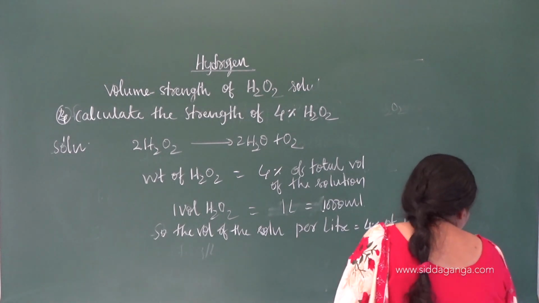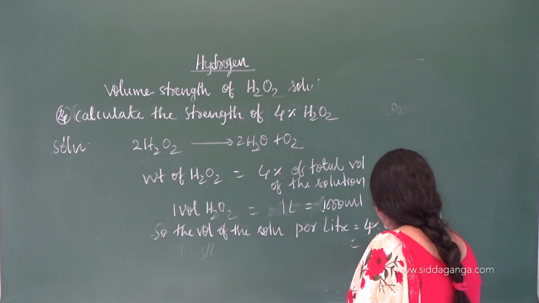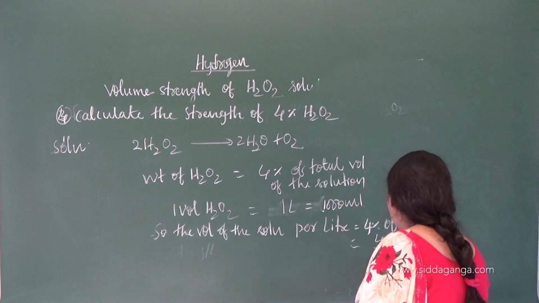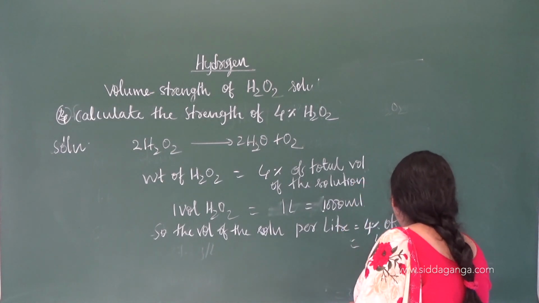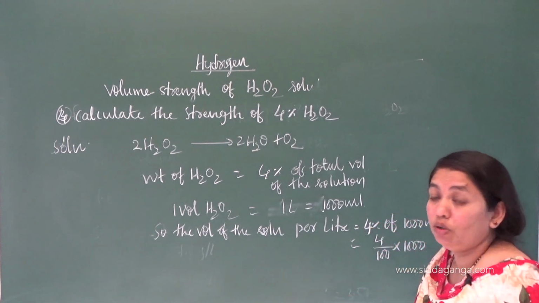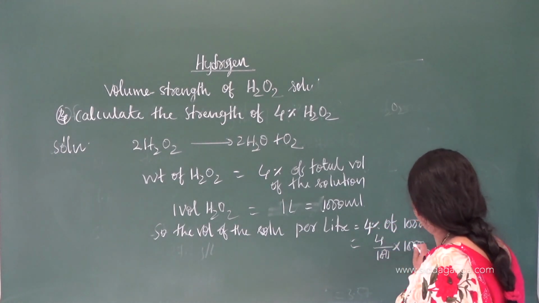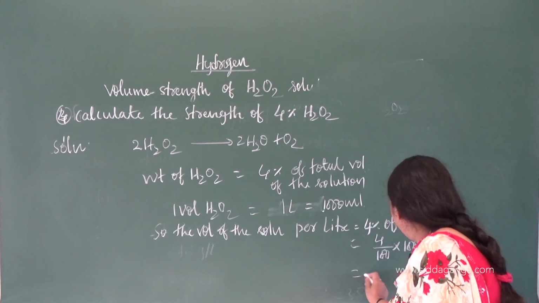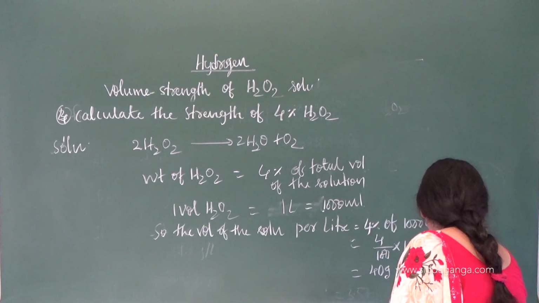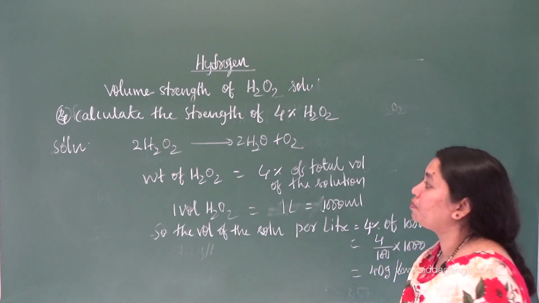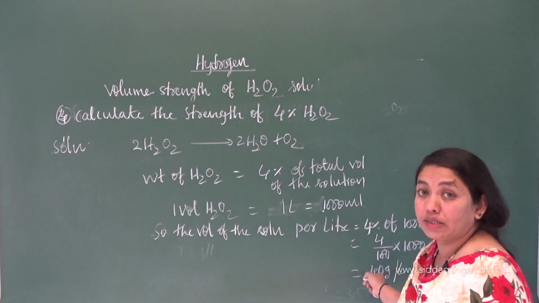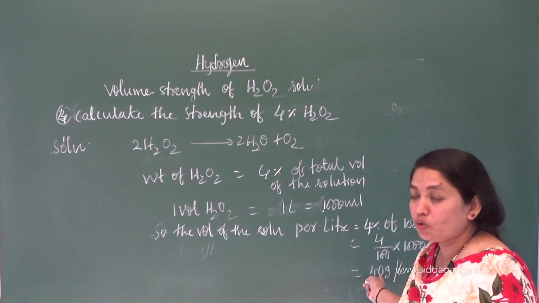So if you want the mass, it is 4 divided by 100 into 1000. These two will get cancelled, so it will come around 40 grams per liter. From the percentage you got the mass.